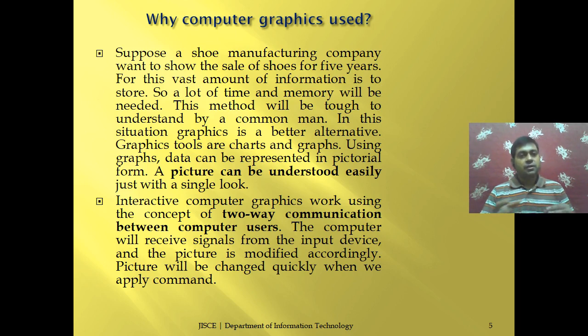That is why computer graphics comes into the picture, to represent a huge amount of text in a small picture. That makes our life easy, and that is how people can understand the picture or read it and find out the inner meaning of it. So that is an easier representation of long text in a small part.